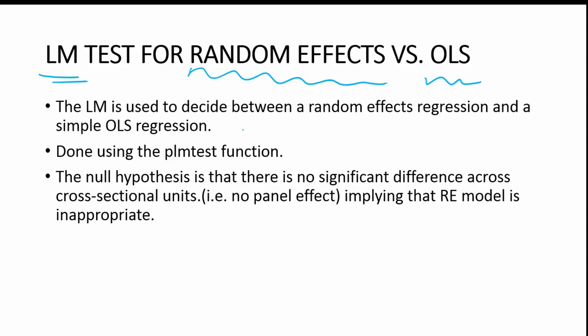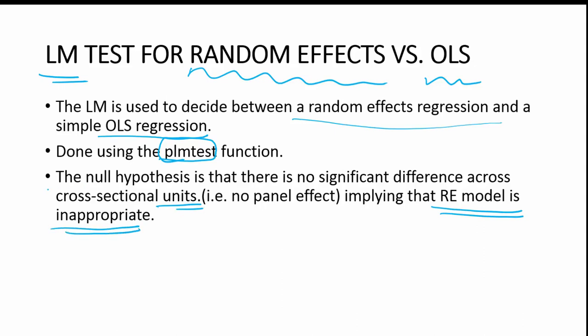So the LM test is used to decide between random effect regression and a simple ordinary least square regression. And we'll be using the plmtest function in order to do that. The null hypothesis is that there is no significant difference across the cross-section units. So that's the null hypothesis, which implies that the random effect model is inappropriate.